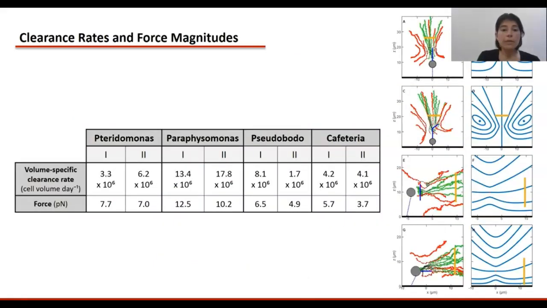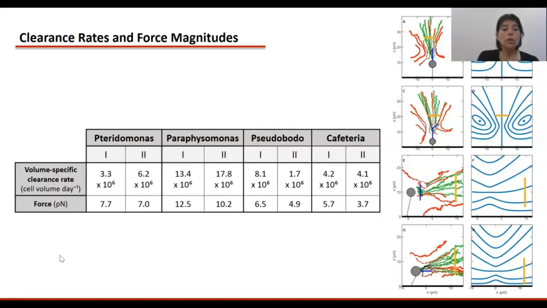And here we have the resulting volume-specific clearance rates for the 8 individuals. They all range from 10 to the 6 to 10 to the 7 cell volumes per day, which agrees with some of the results that incubation experiments have given.